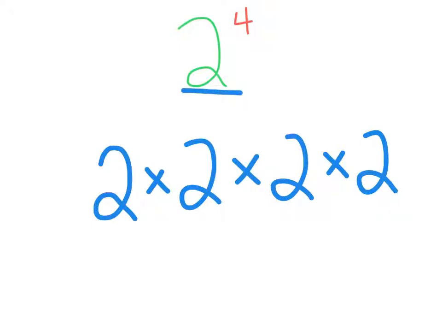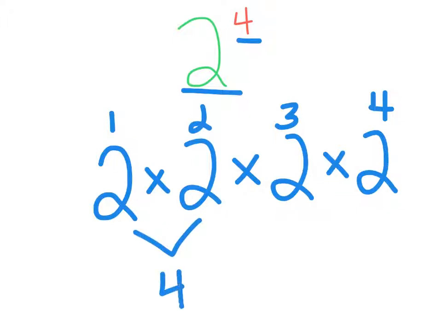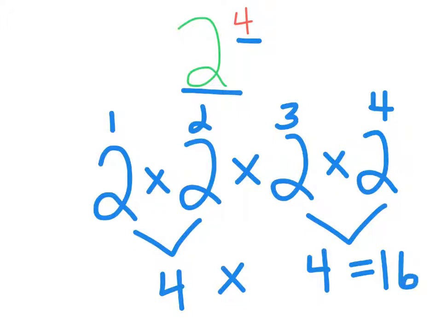That's 2 multiplied by itself 4 times: 1, 2, 3, 4. And we can solve that by going 2 times 2 is 4, and remembering to multiply 2 times 2 again, which is 4. And 4 times 4 is 16. So 2 to the 4th power, or 2 to the exponent 4, would be 16.